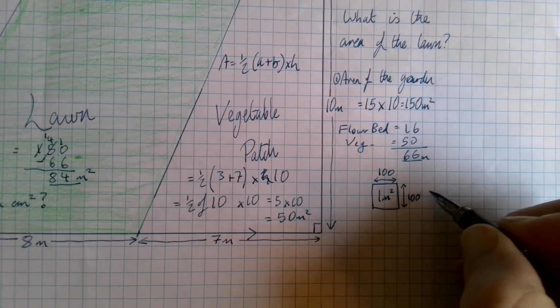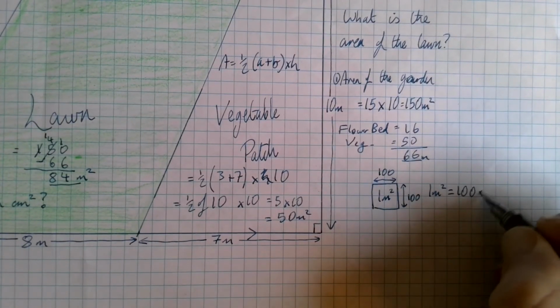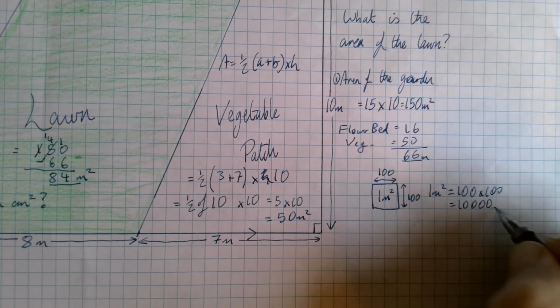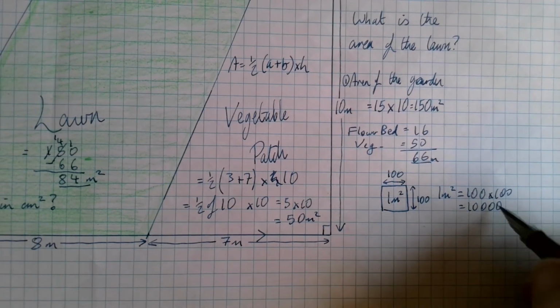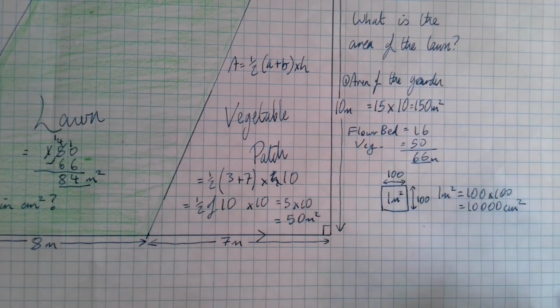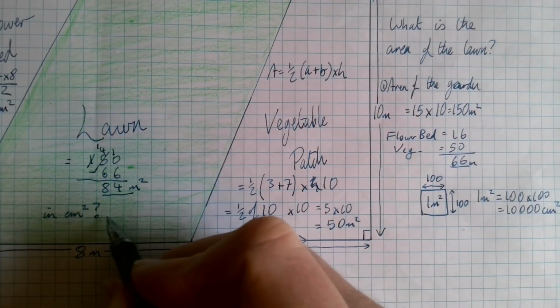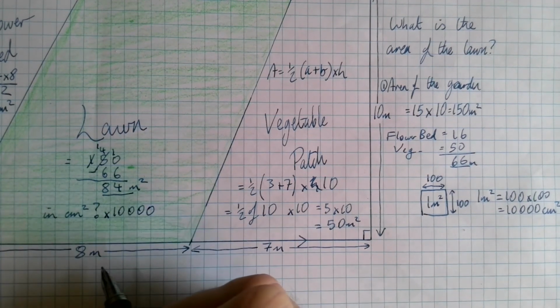So the area of our 1 square meter is going to be 100 times 100, which is 10,000. That means every single square meter is 10,000 square centimeters.